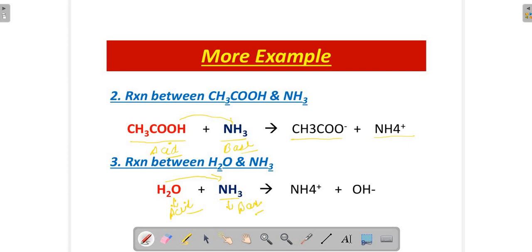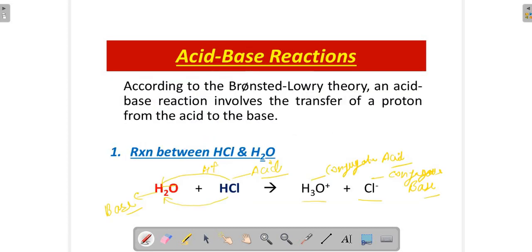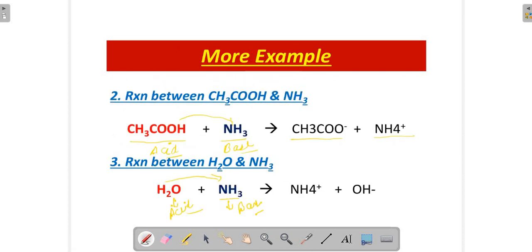But in the previous slide I told you that H2O is accepting the proton and acting as a base, while in this case I am telling you that H2O is donating the proton and acting as an acid. This is because water can behave differently under different conditions, means sometimes it can act as an acid and sometimes it can act as a base.